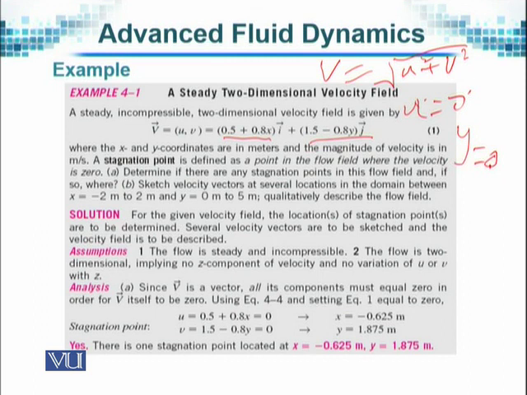If I substitute u equal to 0, we obtain the x coordinate, which turns out to be minus 0.625 meters. All these measurements are in meters and the velocity is in meters per second. In a similar way, we put the v component also equal to 0.